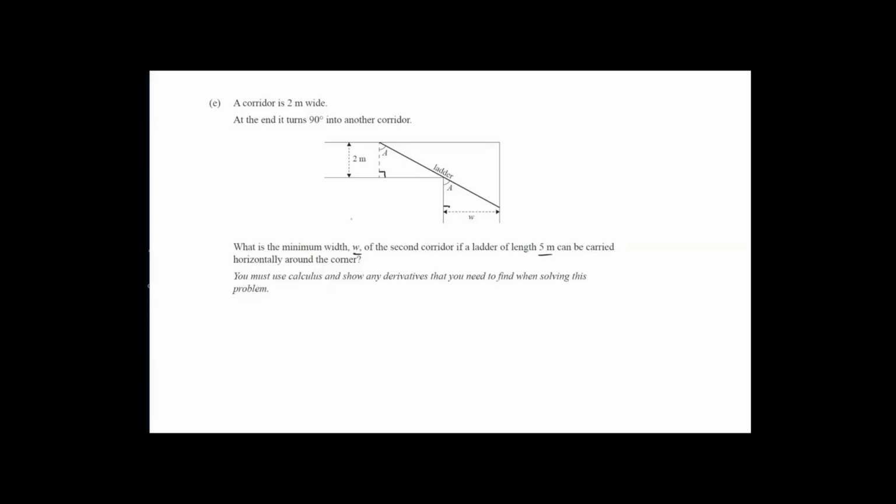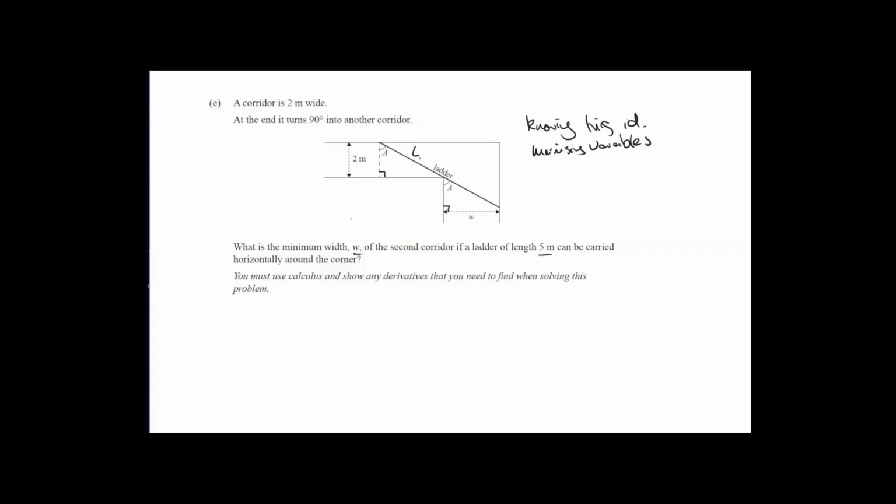That's a right angle. That's a right angle. This side and this side here add up to 5. So I'm going to call this one L. And I think the trick to this one is going to be knowing your trig identities and minimizing variables.